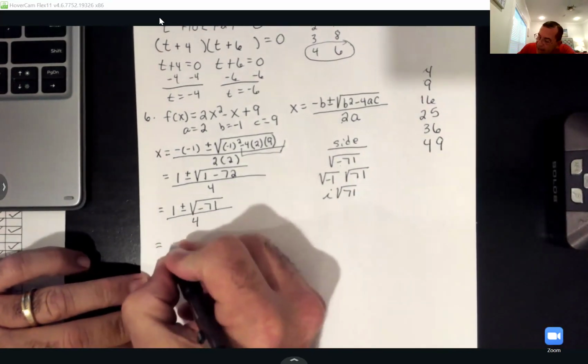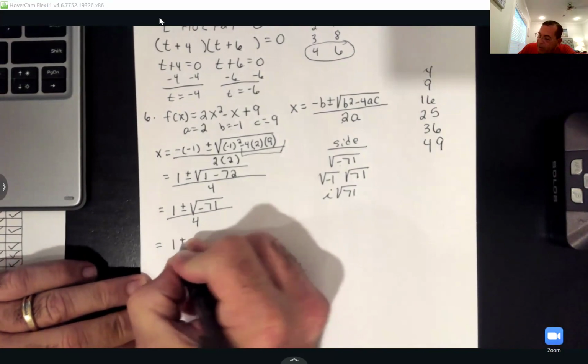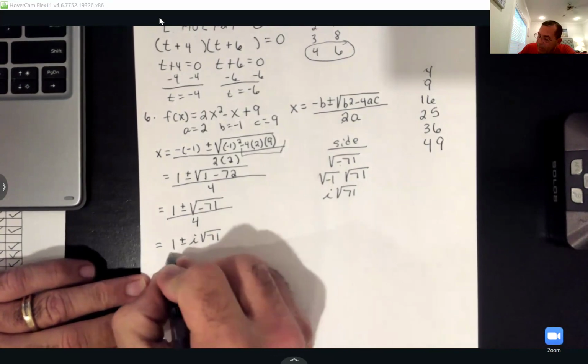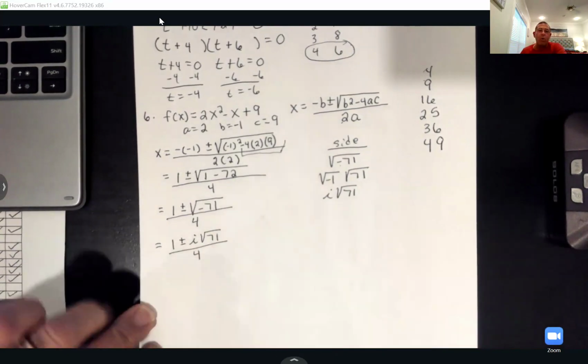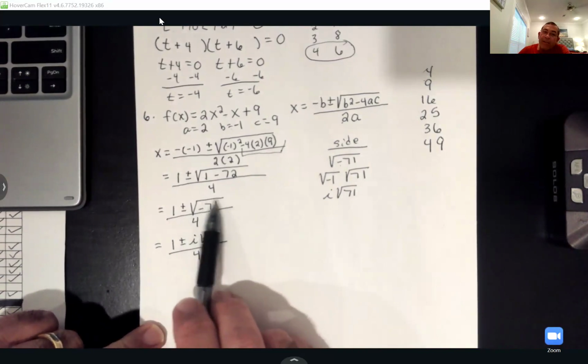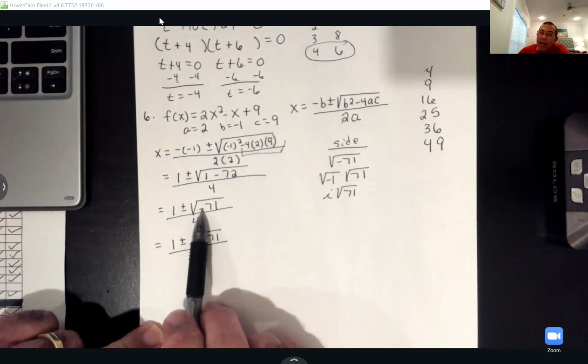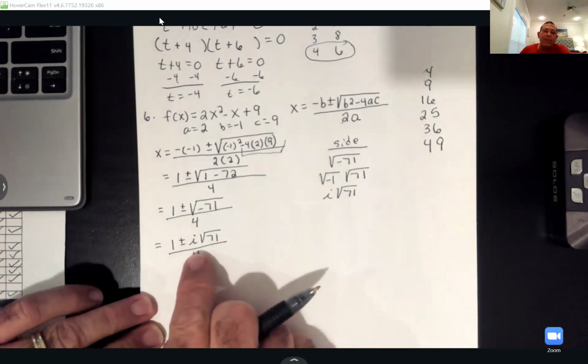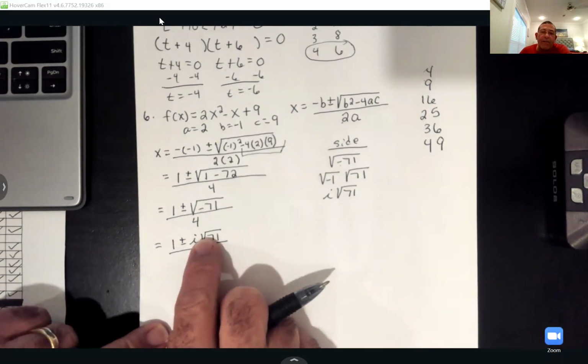So we'll plug that in now: 1 plus or minus i square root of 71 over 4. If you'll notice, you're probably not going to be able to simplify your radical other than bringing out that negative as the i.